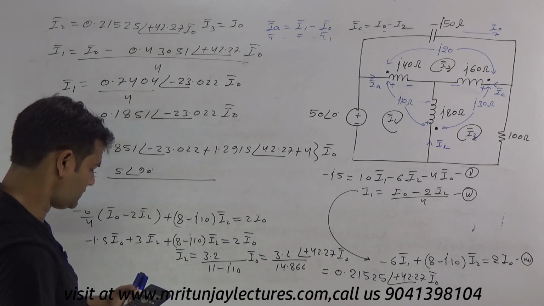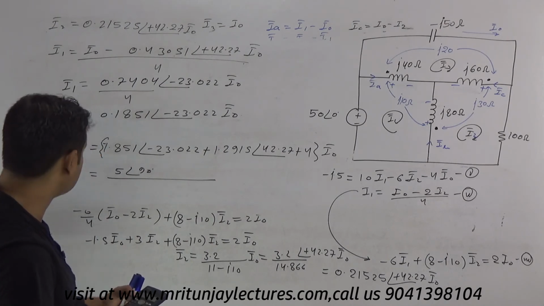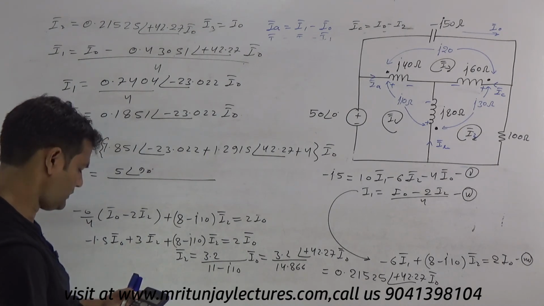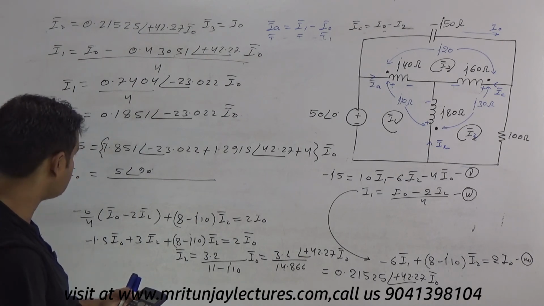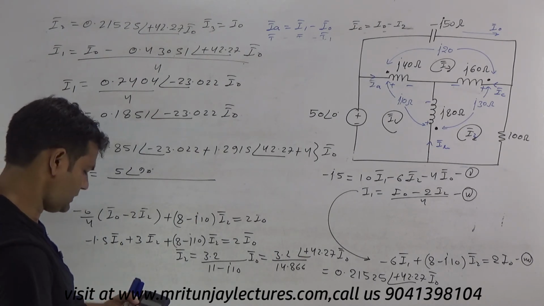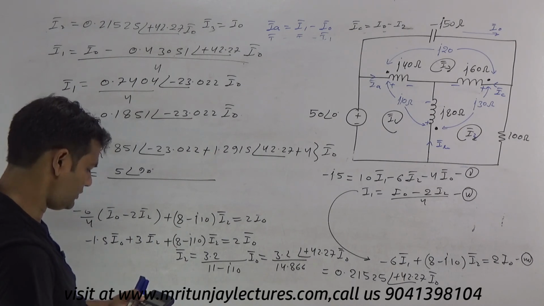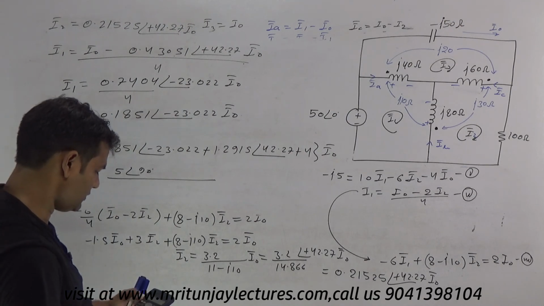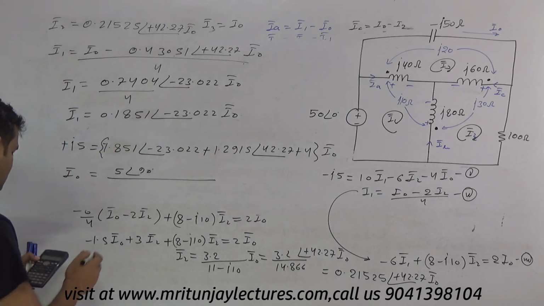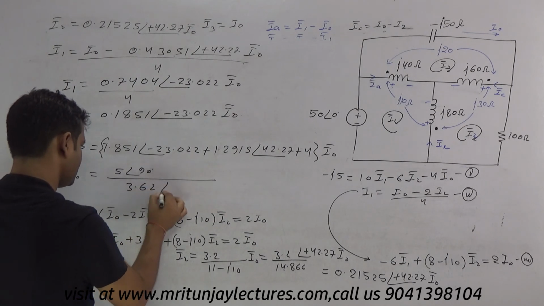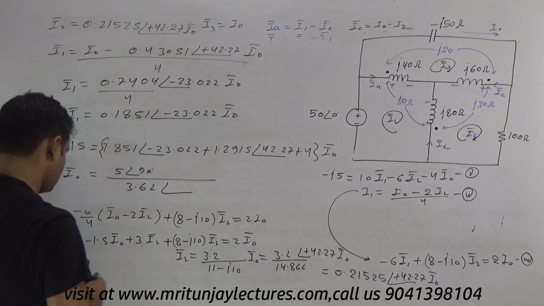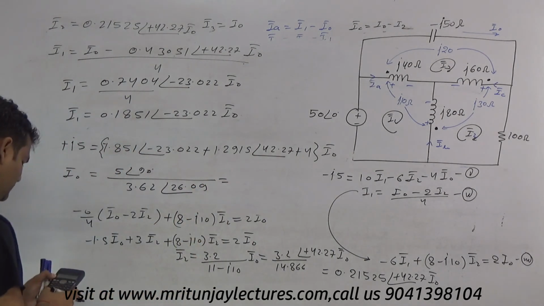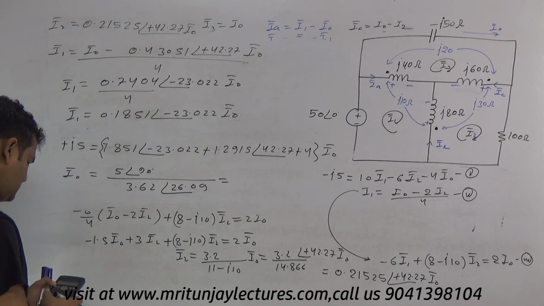We got this one and this one, minus 1.851 at the angle minus 23.022. And we got finally that is 3.62 at the angle 26.09.